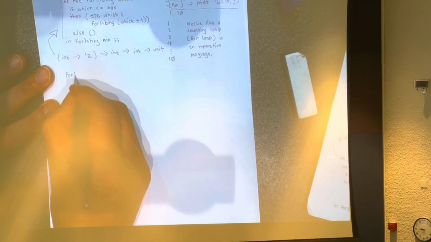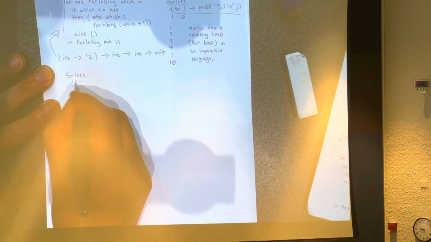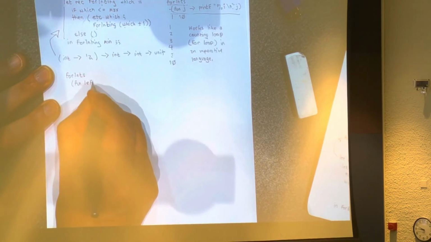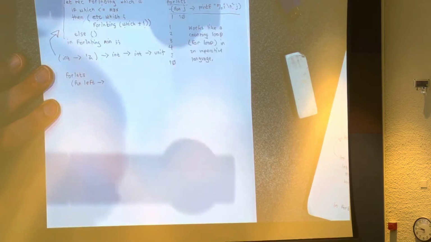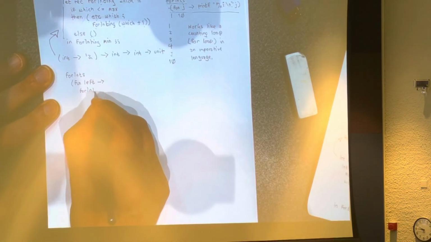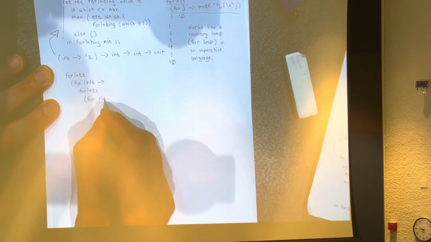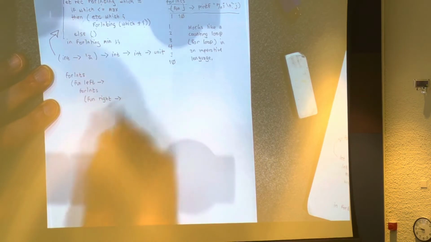So let's say we'll go like this, we'll say for ints, and here's an anonymous function, and it takes left as its argument. And then inside here, we'll call for ints again. There's a different anonymous function, and it takes right.